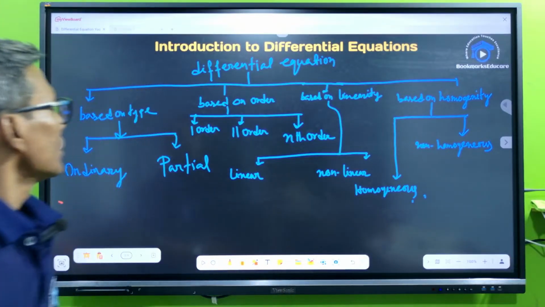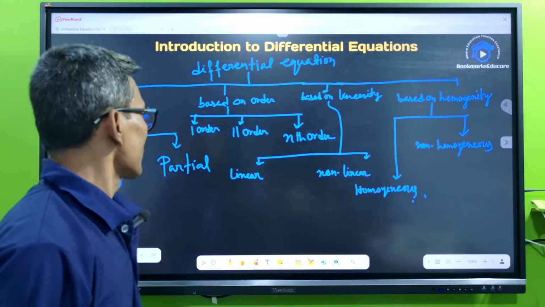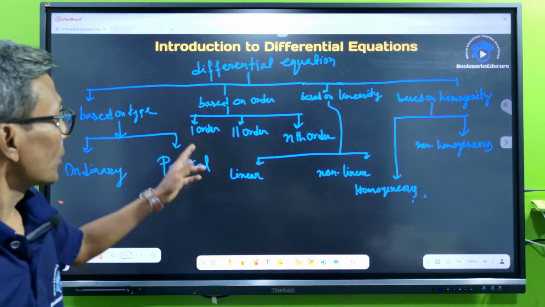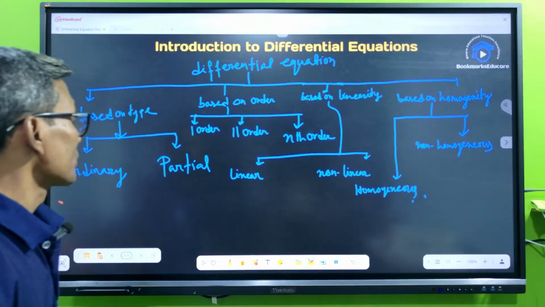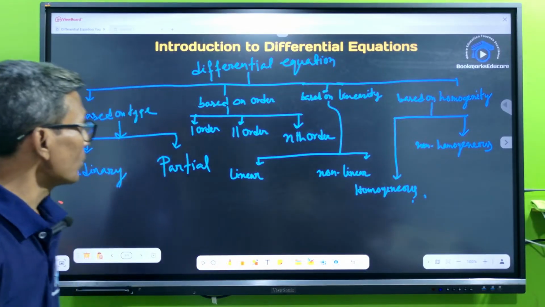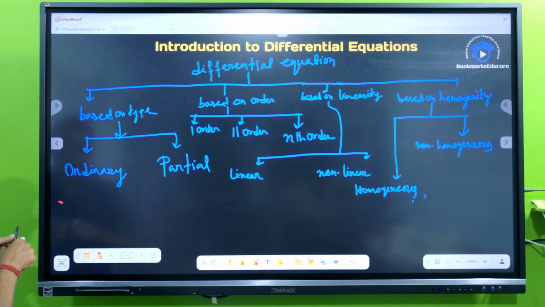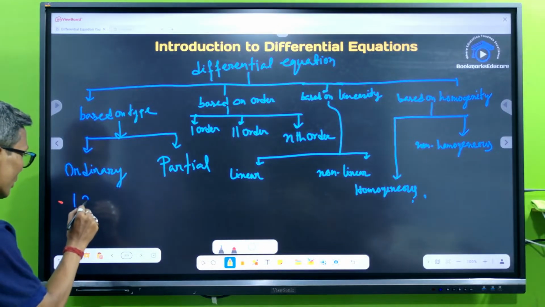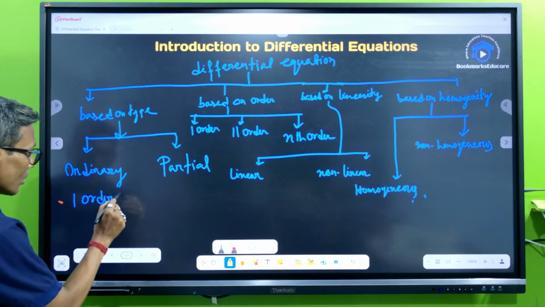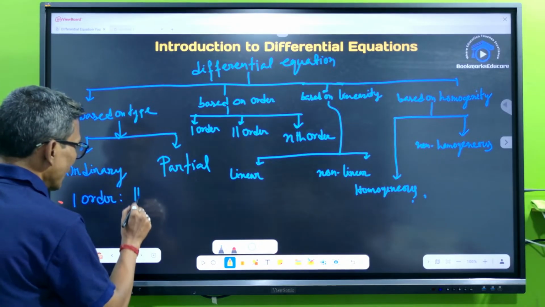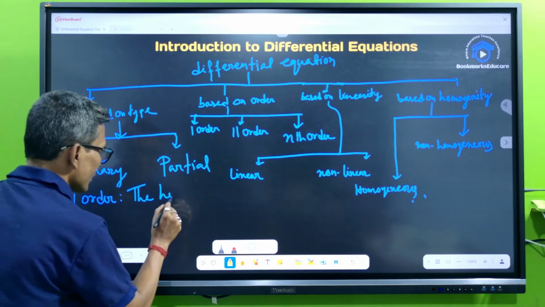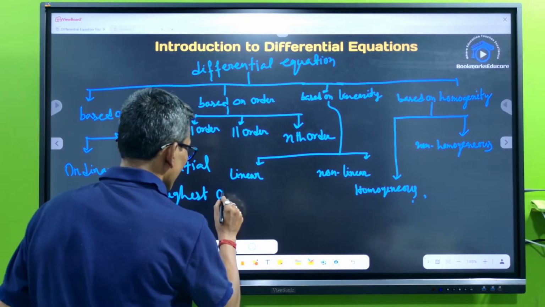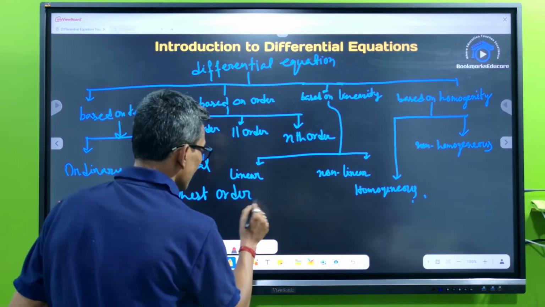Now come to the classification based on order. According to order, there are three types of differential equation. One is first order differential equation.